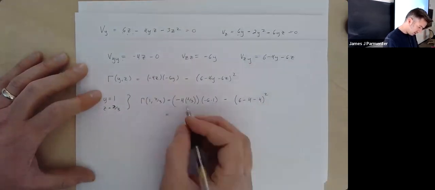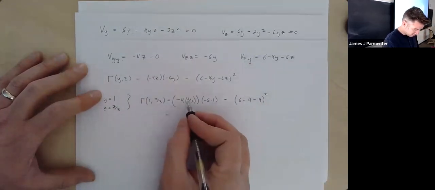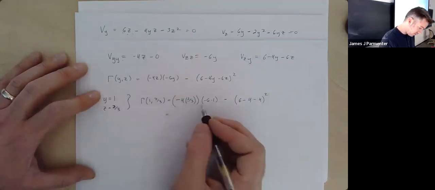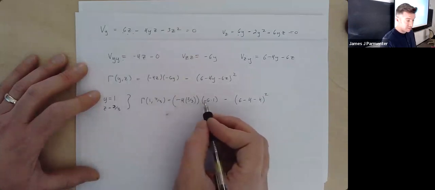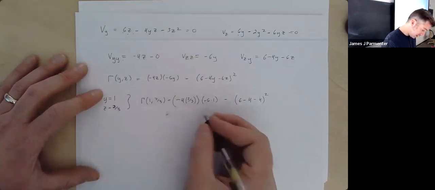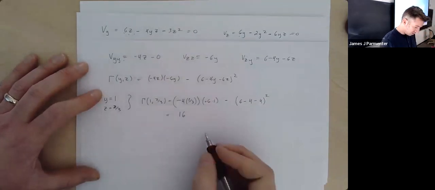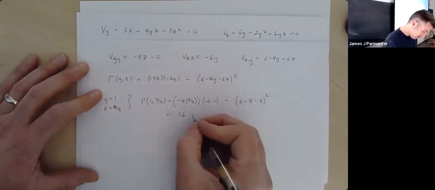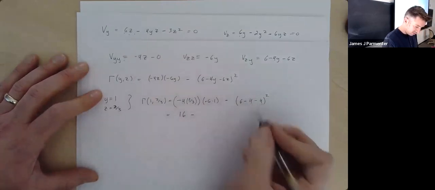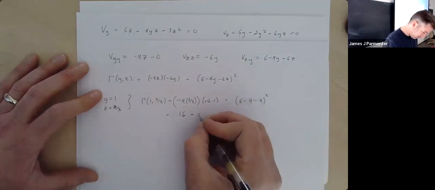Negative 4 times 2/3 is negative 8/3 times a negative 6 is positive 48/3, which is 16. Or we could have canceled here and said that's a negative 2. And then minus 6 minus 4 minus 4 is negative 2, and negative 2 squared is 4.